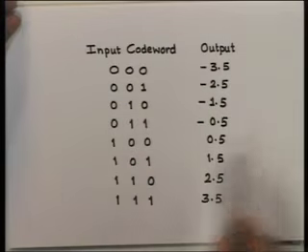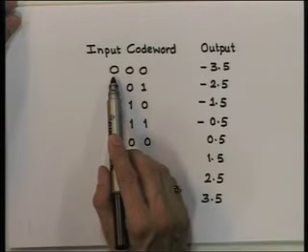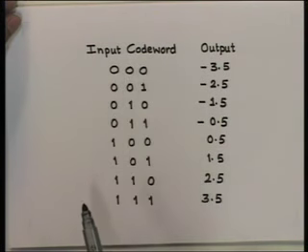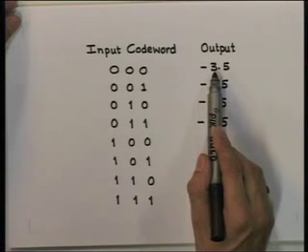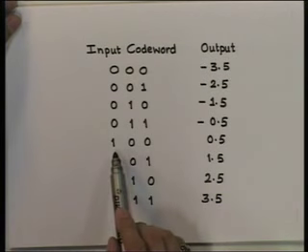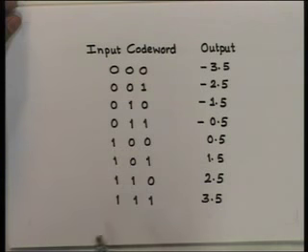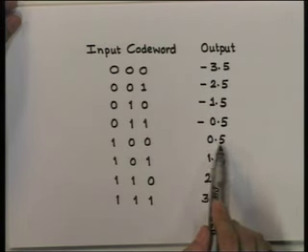A decoder mapping corresponding to the 3-bit encoder discussed earlier is shown here. For the input code word 000, the output reconstructed value is minus 3.5, and for the input code word 100, the output of the decoder is 0.5.